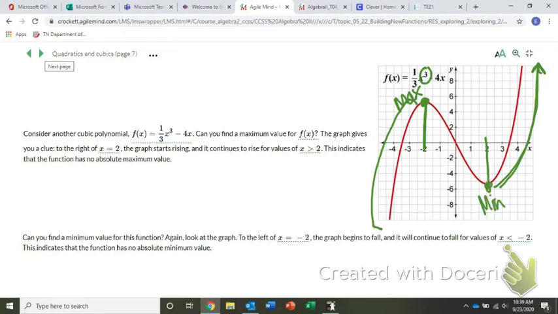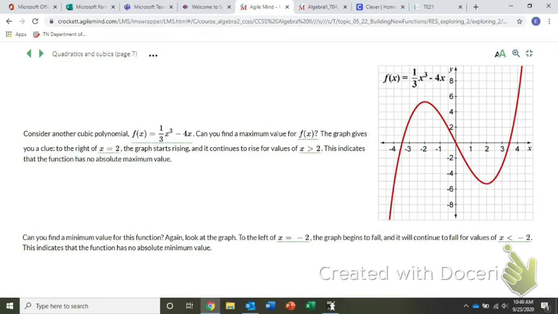Here's a min value. We don't know the absolute because we don't know where the graph goes or where the graph turns. So this is kind of confusing. Let me see what's on the next page.